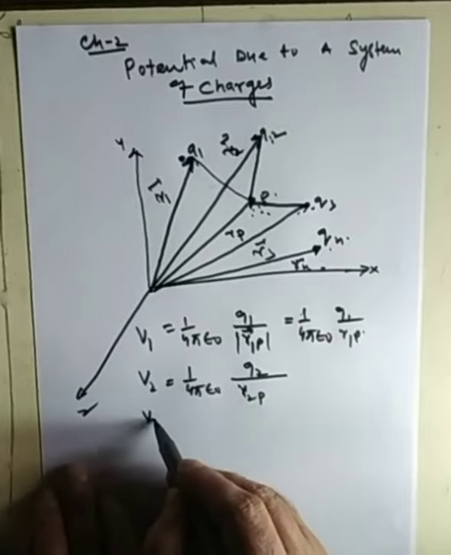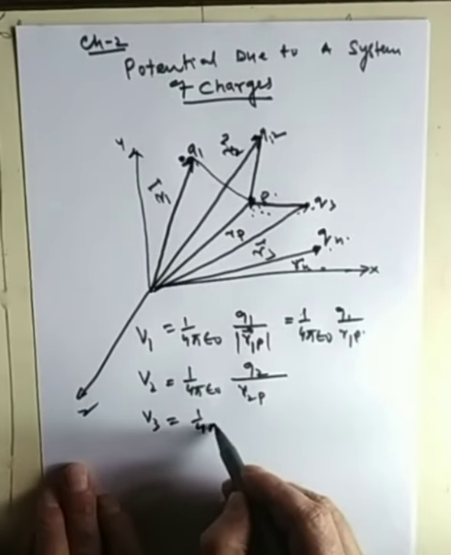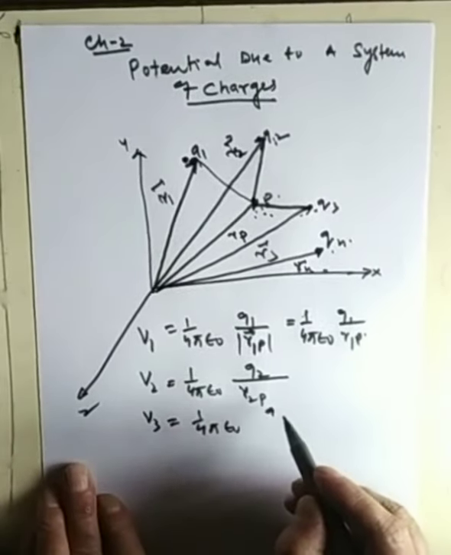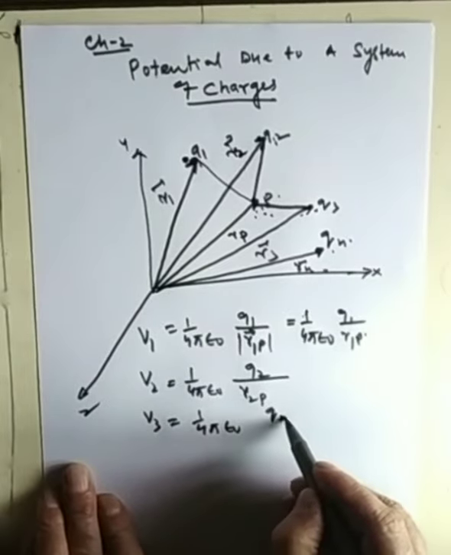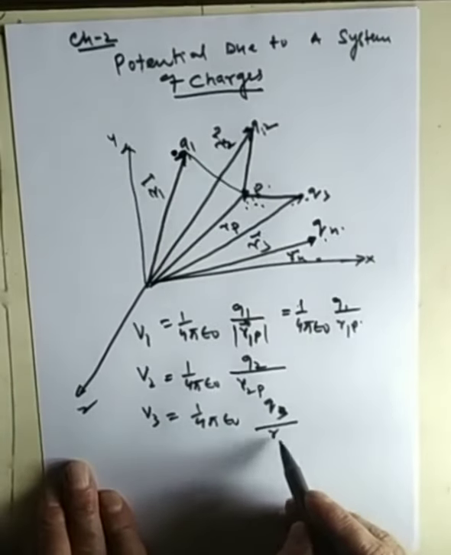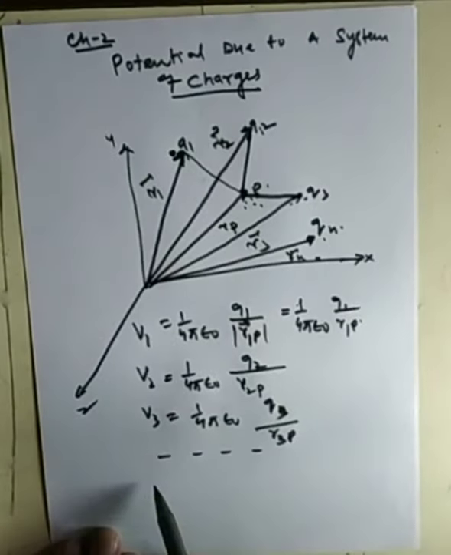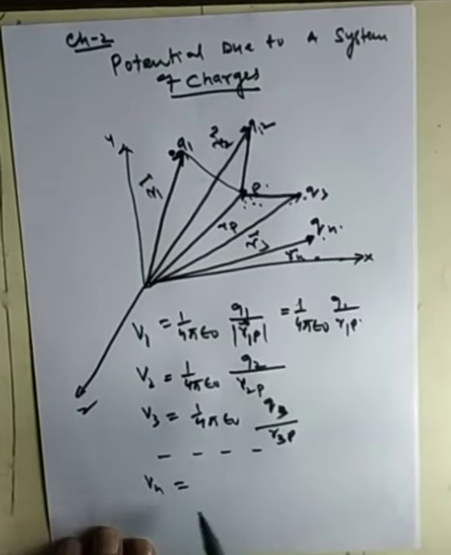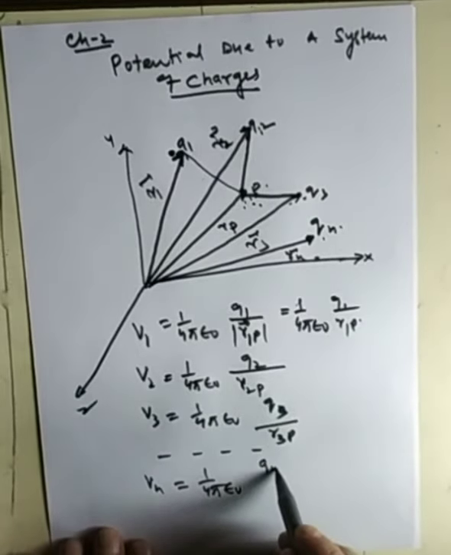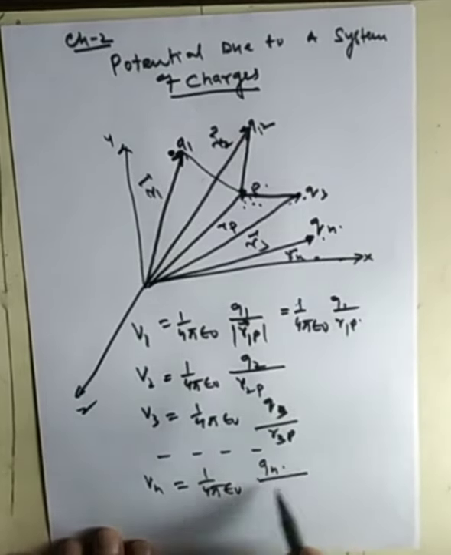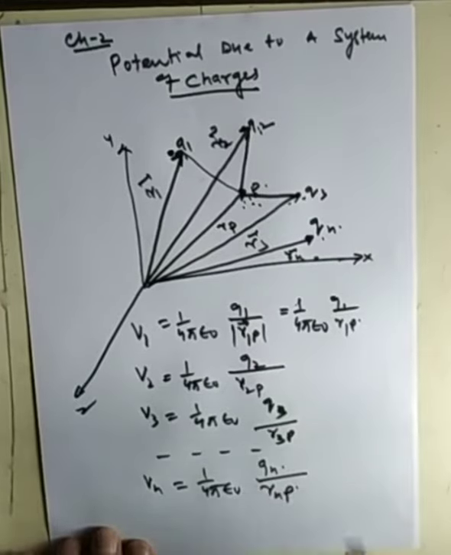Similarly, V3 will be equal to 1 by 4 pi epsilon 0 Q3 by R3P and so on and so forth. Vn will be equal to 1 by 4 pi epsilon 0 Qn by RnP. ठीक है?